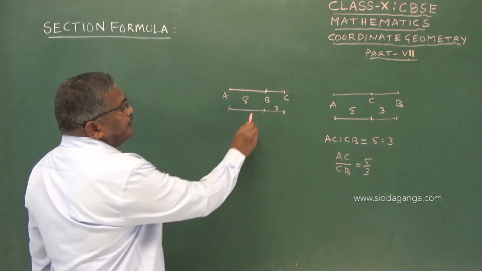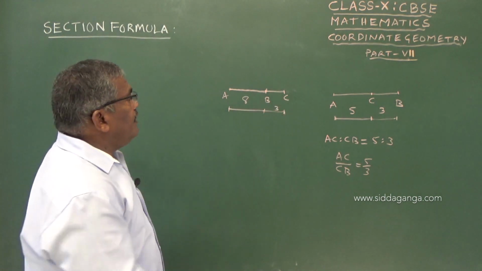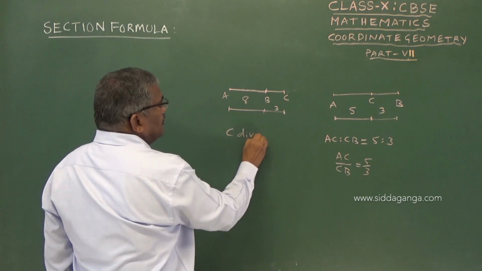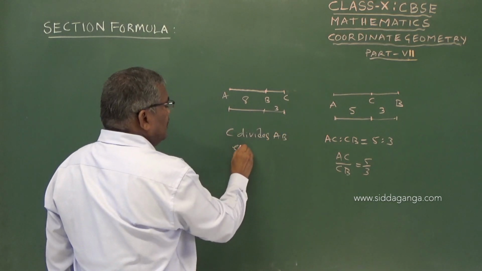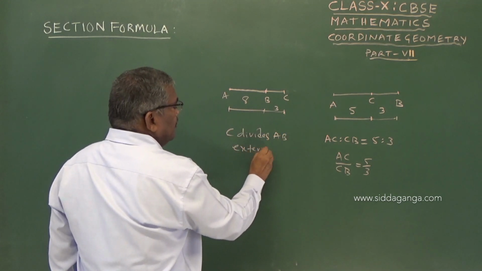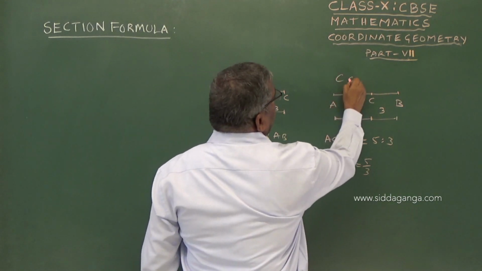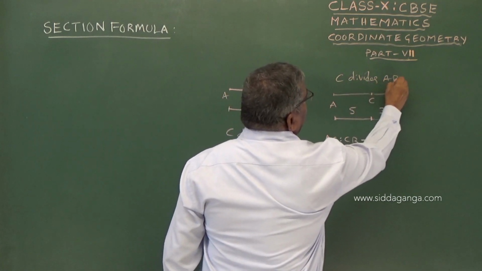So, here the point C is on the extended portion of AB. Therefore, we say C divides AB externally.